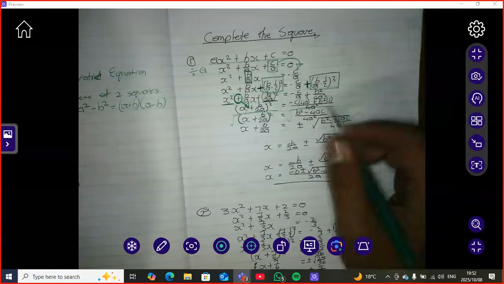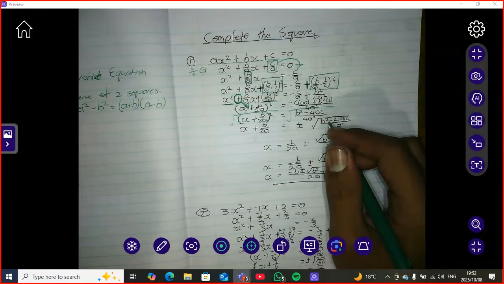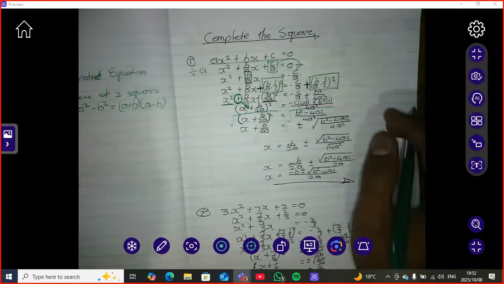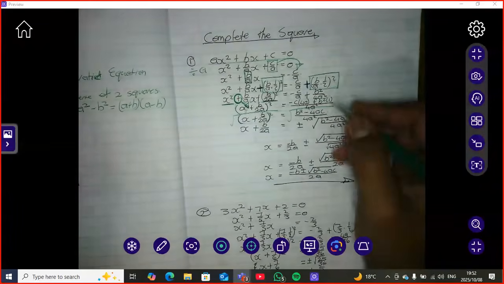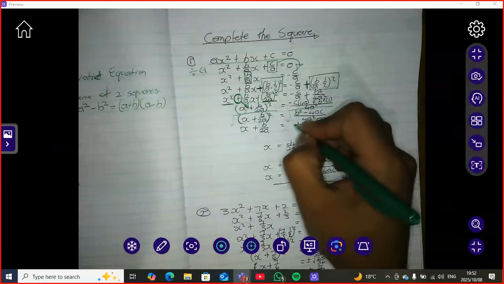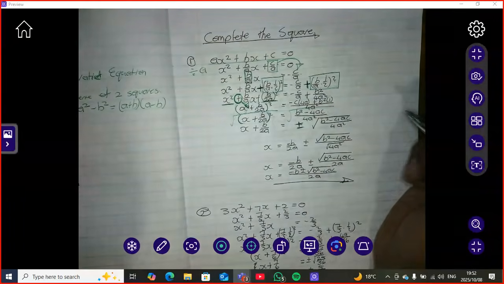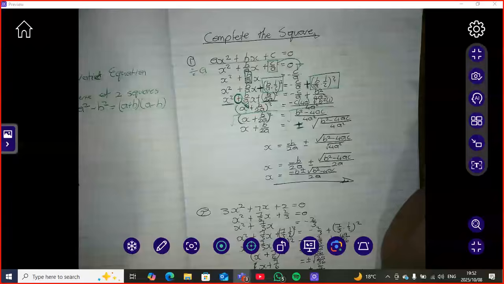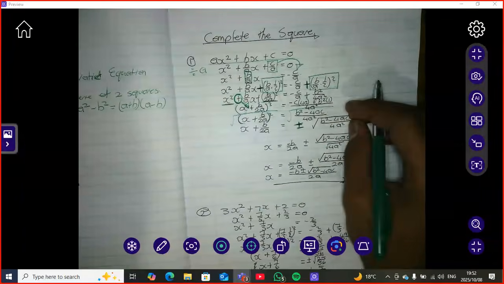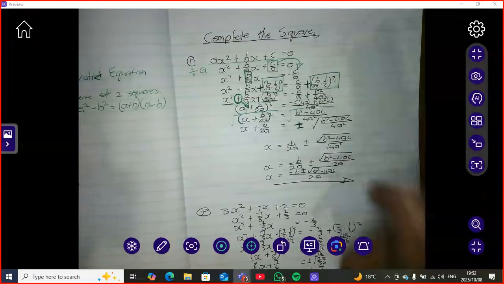When you square root on the right hand side, it's usually a number or a variable, but whatever it is, it becomes a positive or negative number. So that means you're always going to have two answers.